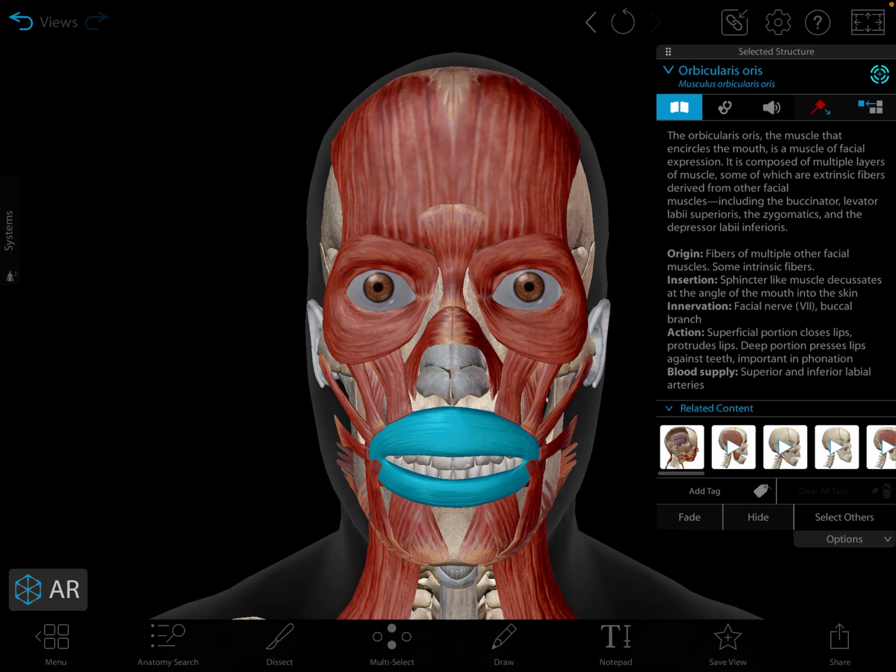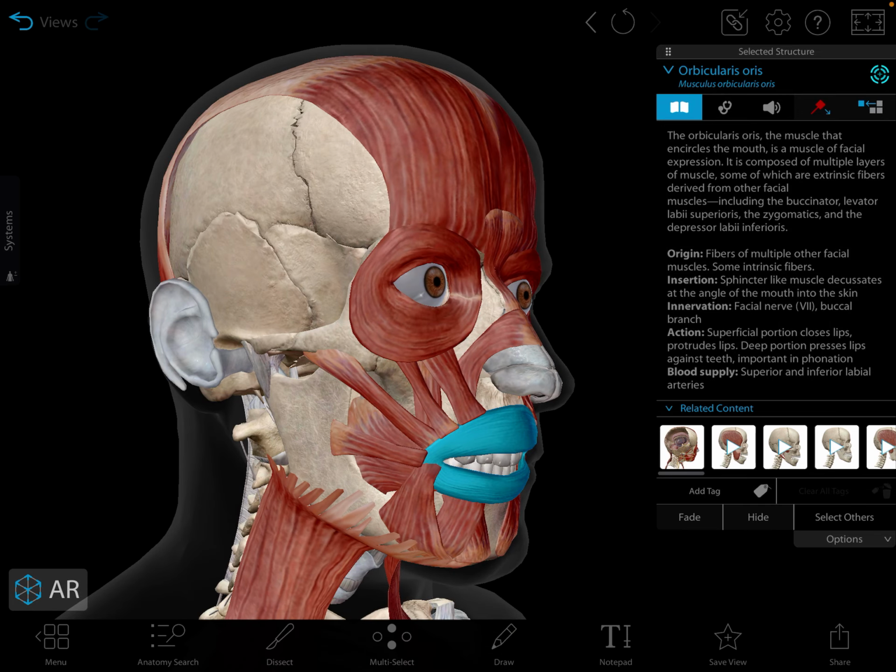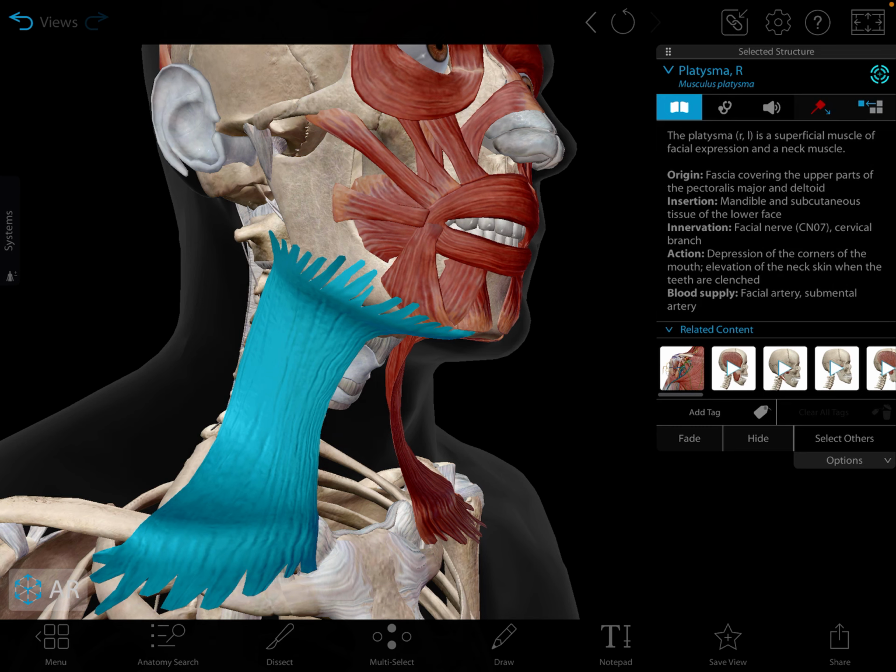Okay. All right. One final muscle that we'll look at is this one down here. This is the platysma, right? The platysma is a very, very thin, extremely delicate muscle of facial expression, and it runs from the inferior aspect of the mandible all the way down to where our clavicle is and where our pectoralis major and part of our deltoid is as well.